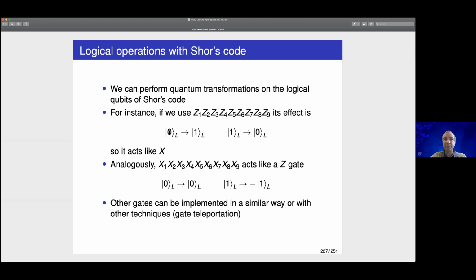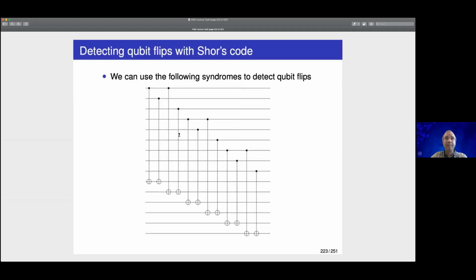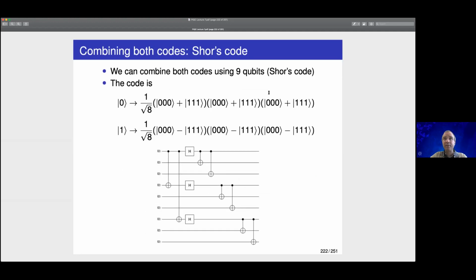So for instance, notice that if I have this encoding for the 0 state here with the short 9-qubit code, and if I apply a Z to all the qubits at the same time, then this is going to change. This is going to apply a phase of -1, -1, -1.